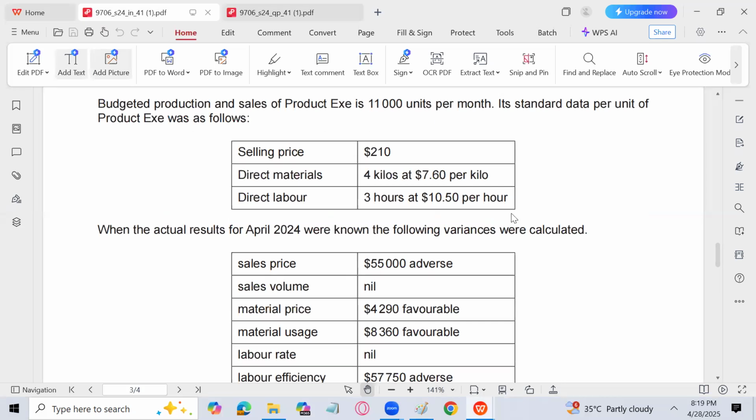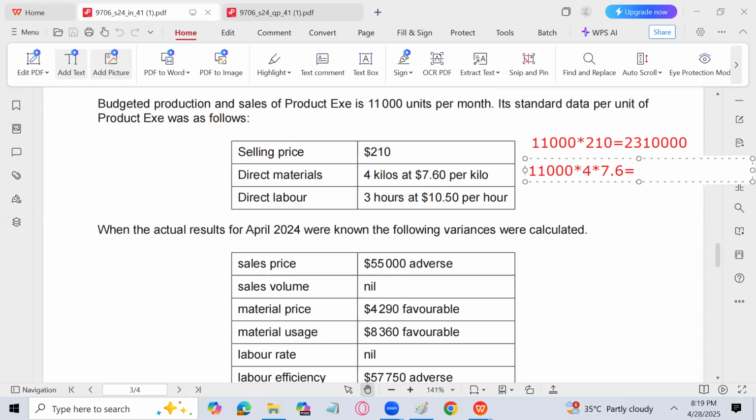The units are going to be 11,000. The selling price is going to be, sorry, 11,000 multiplied by 210, that is going to be your sales. That is 2,310,000. Then you will subtract the direct material and direct labor, quite easy. 11,000 into 4 into 7.6. How much is it going to be?